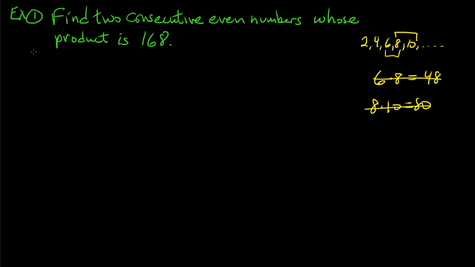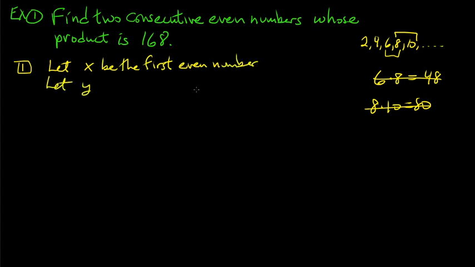Or we can do this more systematically. The first thing to look at is, let's label these two numbers. Let x be the first number, the first even number. And we could say let y be the next even number, but we can do better than that.